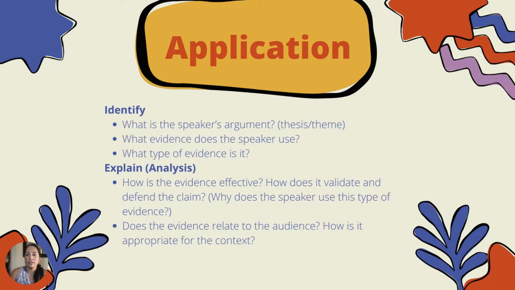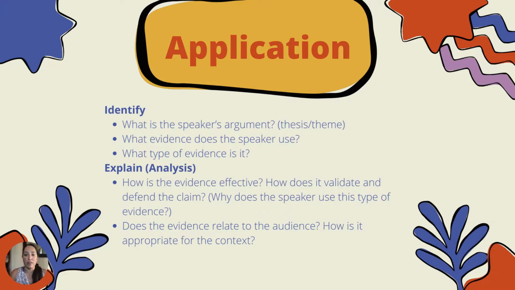So how does this knowledge help us achieve the reading skill objective to identify and explain claims and evidence within an argument? Well, we need to ask questions about the text we are studying. In order to be able to identify claims and evidence, we ask, what is the speaker's argument? What evidence does the speaker use? What type of evidence is it? In order to explain, or in other words, analyze, we ask, how is the evidence effective?